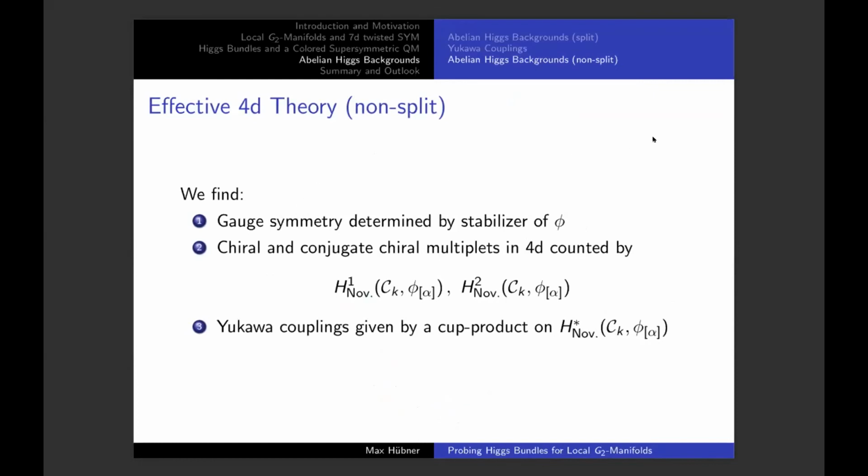The gauge symmetry is not determined by the commutant of the Higgs field, but by its stabilizer. Again, the chiral and conjugate chiral multiplets are counted by the first and second of these Novikov cohomology groups, now with respect to a different target space and a different Higgs field. And again, the Yukawa couplings are encoded in a cup product on these cohomology groups with the strengths as shown before.